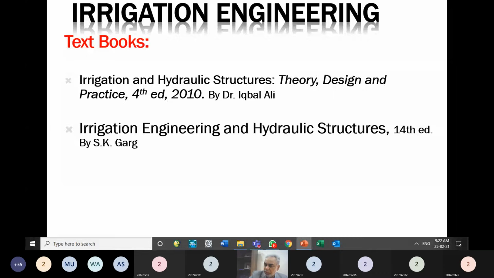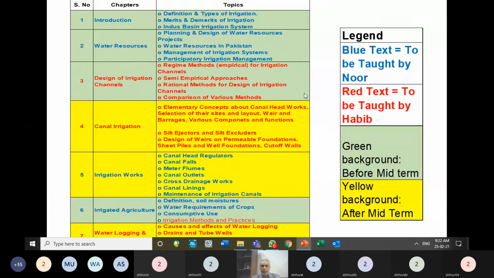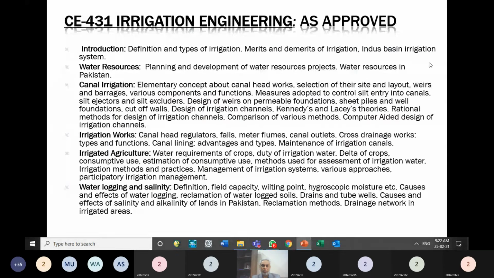I show you the cover page of the first book, Irrigation and Hydraulic Structures by Dr. Iqbal Ali. That is covering most of the topics which we are teaching over here. These topics of canal irrigation are in chapter 4 of this book. These barrages and the head regulator, barrages is I think chapter 3, low head diversion dams.